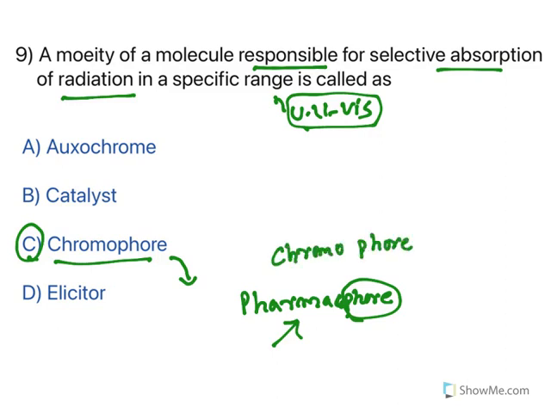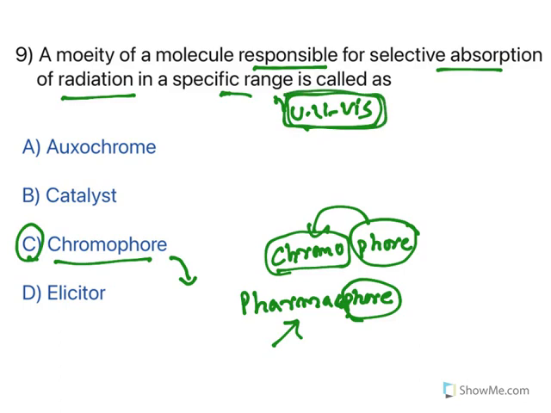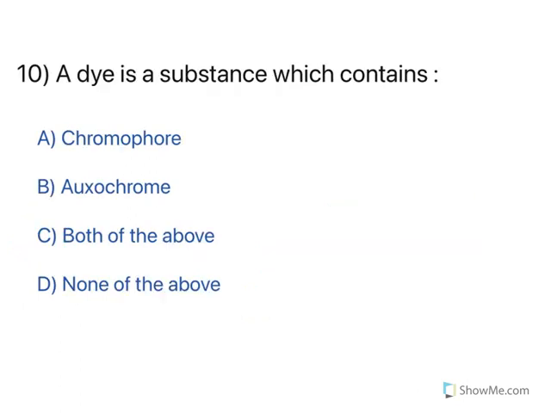Phore means a particular group or functional group. So this functional group is causing color, and that is what is called as chromophore. Now, if that particular group is causing absorption at UV visible region, it results in colored compound. Hence it is known as chromophore. Chromo means color, phore means the group is causing absorption in UV visible region. That is the reason why it is getting color. So answer is this one, chromophore.